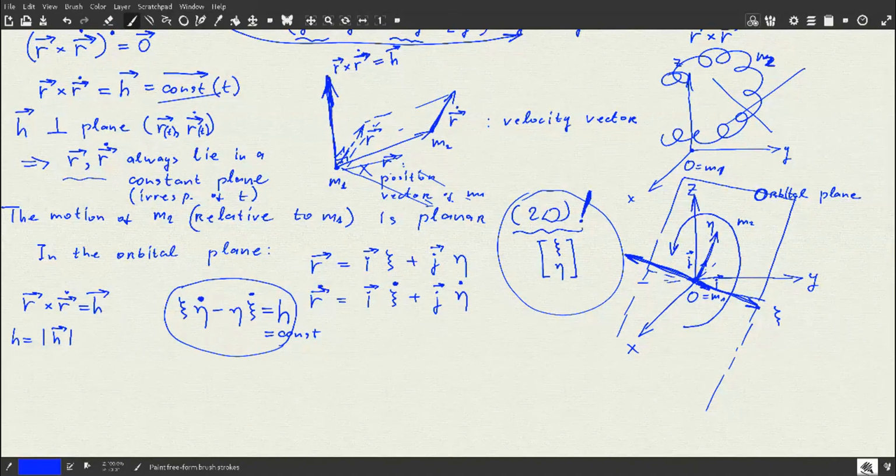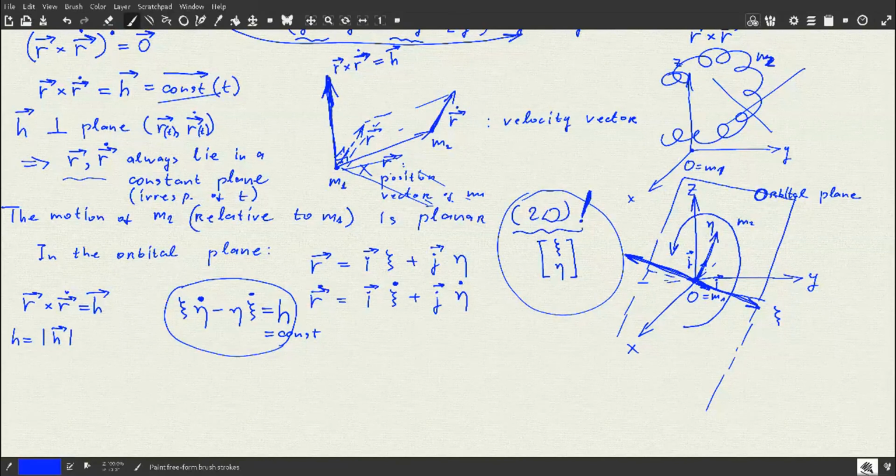Obviously, the vector h is orthogonal to our orbital plane, so orthogonal to our psi eta plane, which is already a very good step.